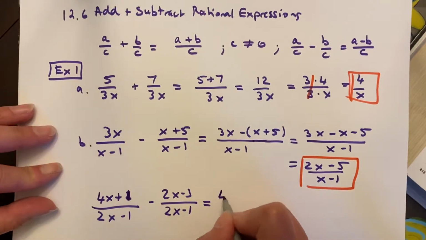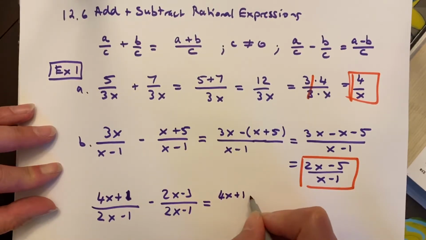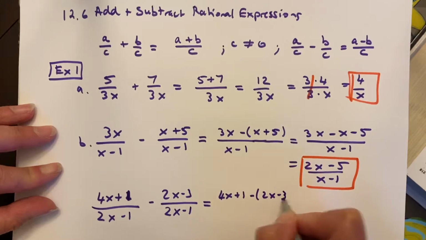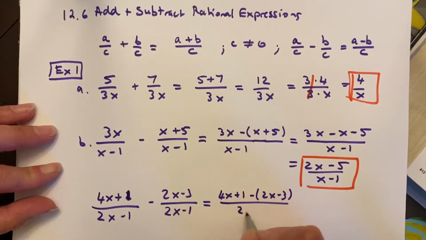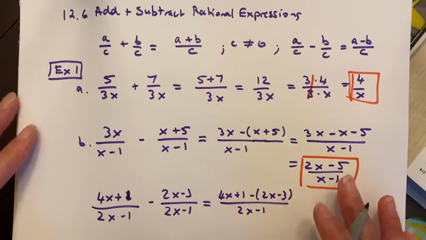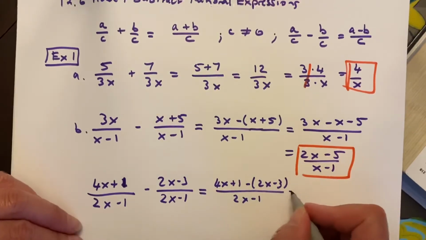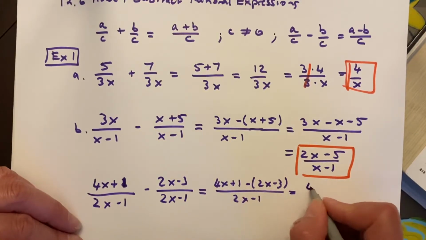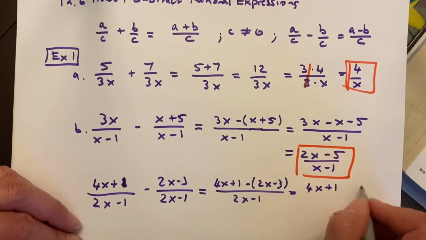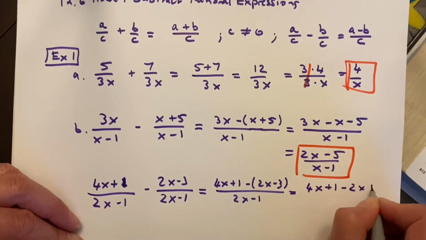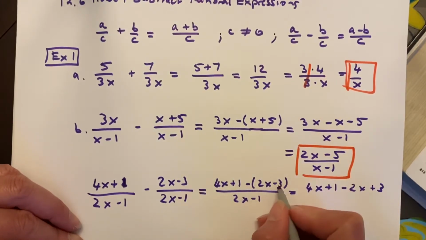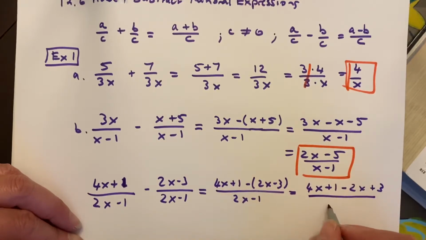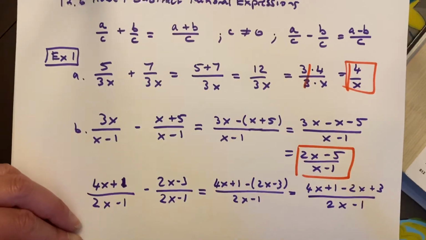Combining everything, I have 4x plus 1 minus 2x minus 3, keeping it in parentheses, with 2x minus 1 in the denominator. I'm going to use my distributive property, so 4x plus 1 stays the same, but this becomes negative 2x plus 3, because of negative 3, over 2x minus 1.